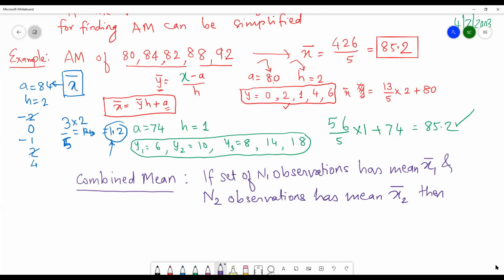Then their combined mean is n1 x1 bar plus n2 x2 bar upon n1 plus n2. Same.